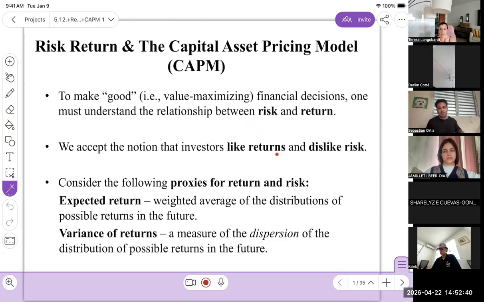So we have to capture those with statistics that help us monitor performance of our stock. And we talked about calculating the expected return as just an average and the variance or standard deviation of returns as a measure of spread or dispersion or volatility around the expected value, right?